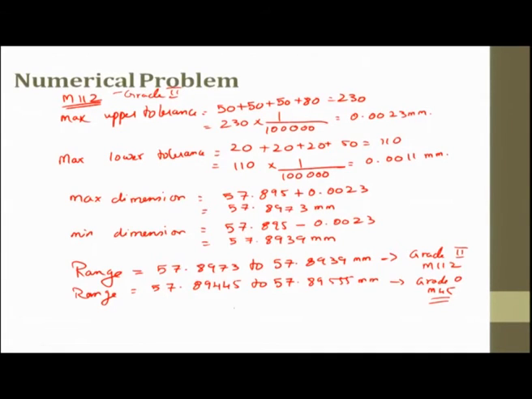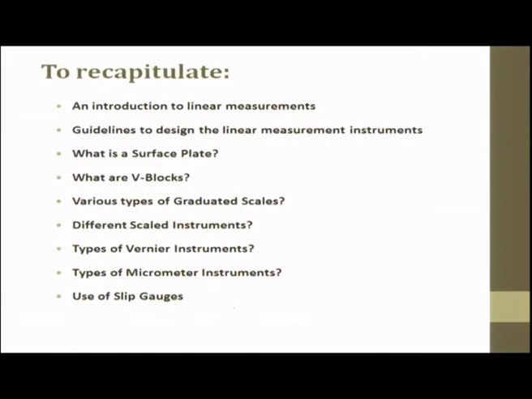So, slip gauge is used for linear measurement. Line measurement is good, but end measurement gives you more accuracy. So, we are using slip gauges to build up the blocks to the required dimension and then find out the height measurement or the length measurement. So, to recapitulate, what all did we see in the linear measurement chapter?